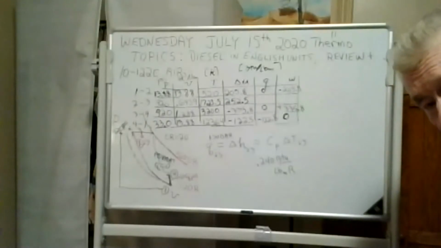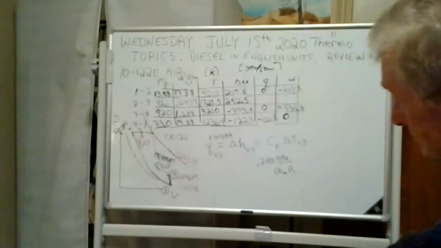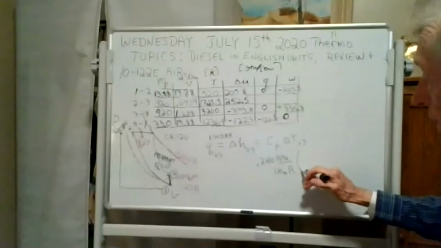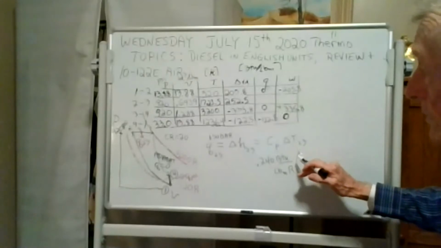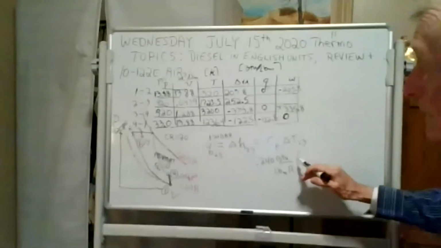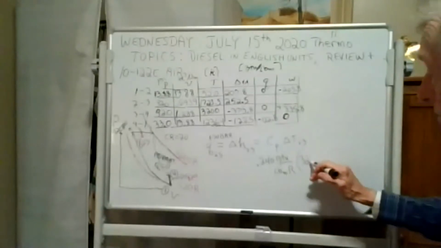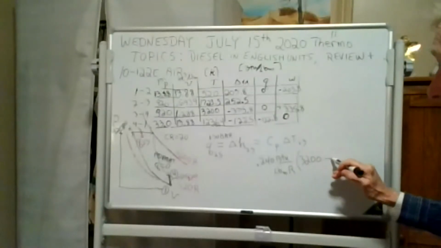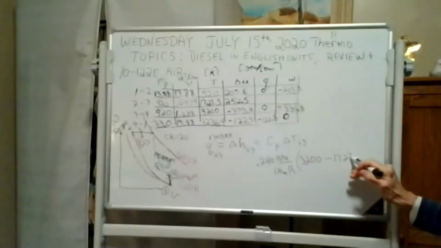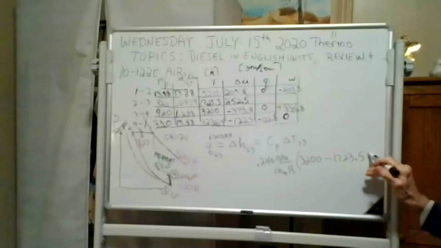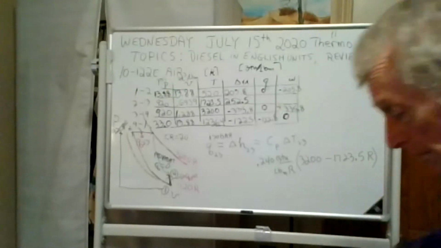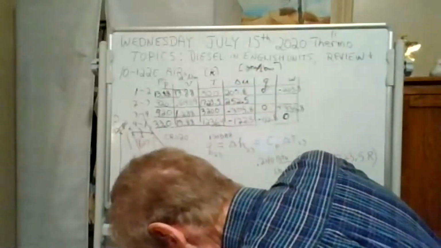But just to be sure, maybe I better check. Now the temperatures going from 2 to 3 are 3,200 minus 1723.5 Rankine. But let me double check. I don't want to lie to you guys.